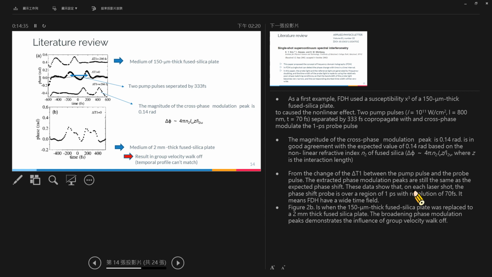Every different frequency in a medium will have a different group velocity. So maybe a blue light will be faster than a red light. So if it's too long, when two light waves of different frequency travel inside it, they may have a time difference, and a temporal profile distortion might happen, like here.